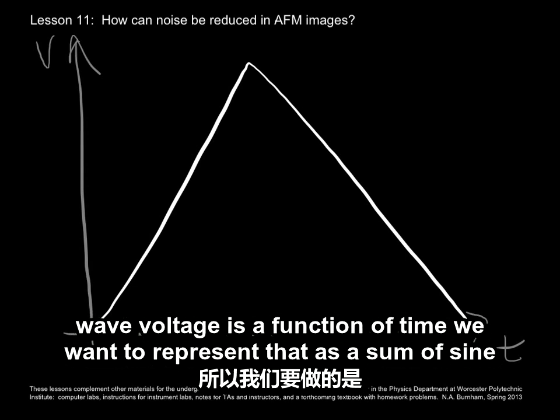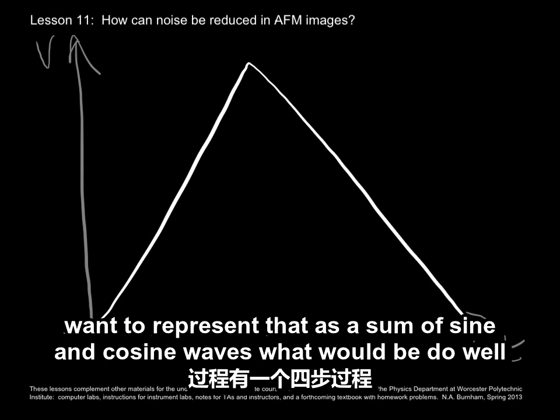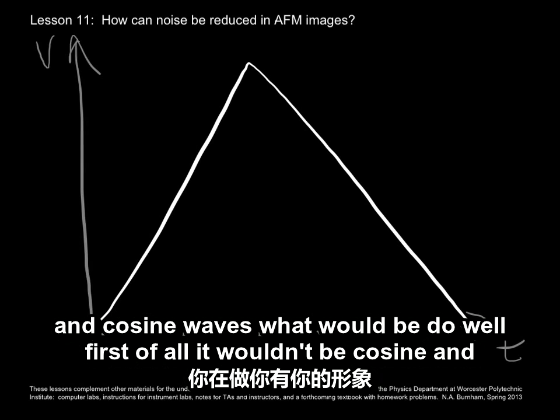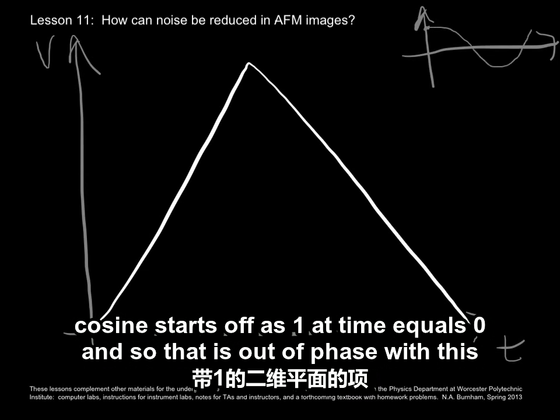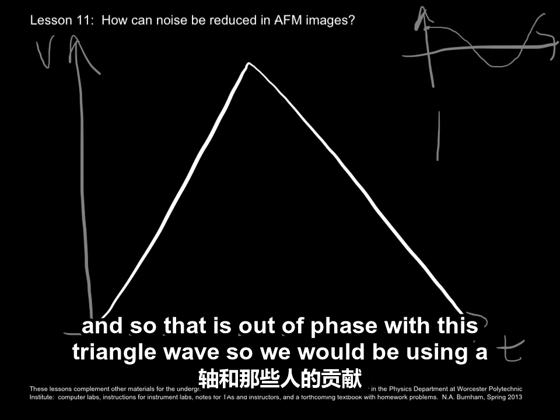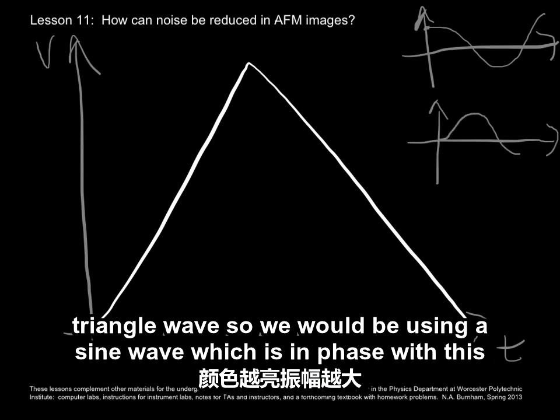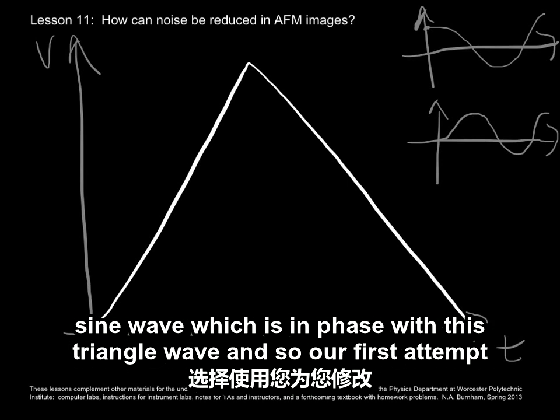If we want to represent that as a sum of sine and cosine waves, what will we do? Well, first of all, it wouldn't be cosine. Cosine starts off as 1 at time equals 0, and so that is out of phase with this triangle wave, and so we would be using a sine wave, which is in phase with this triangle wave.